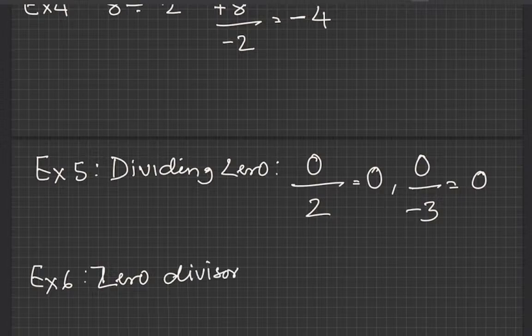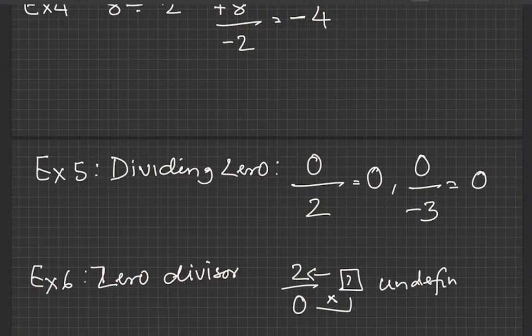That means my divisor, that is my denominator, is 0. So now we have to ask, 0 times what will give me 2? It is undefined, it is not possible. We can't find it. There is no value for that. So that is why it is undefined. So we can't have a 0 divisor.